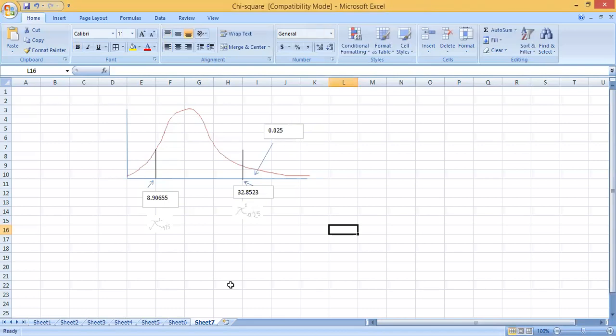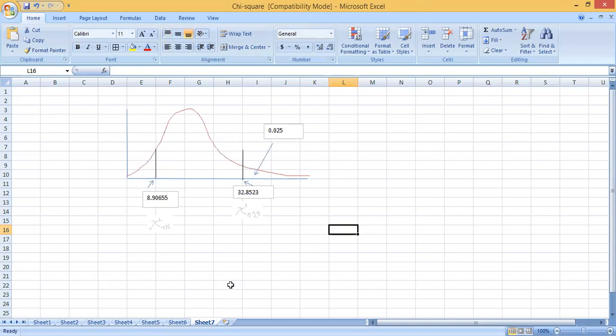How tables of chi-square values can be used to make inferences about the population variance. Consider a situation where the sample size is 20. Therefore, the degrees of freedom is 19, because 20 minus 1 is 19.